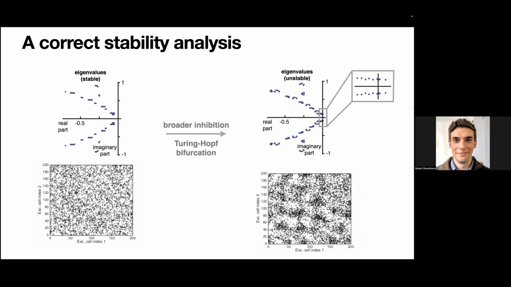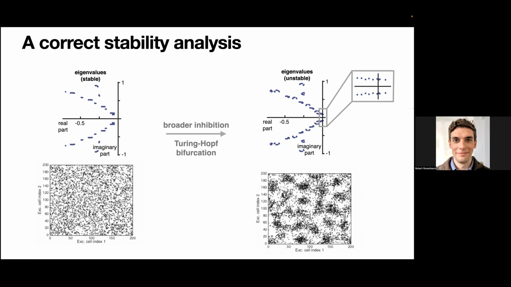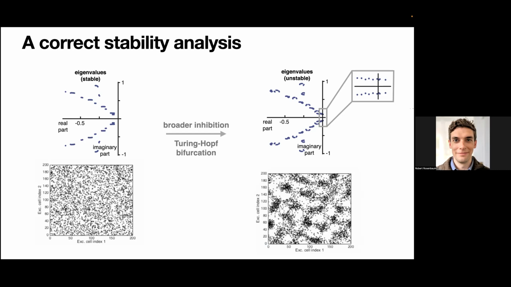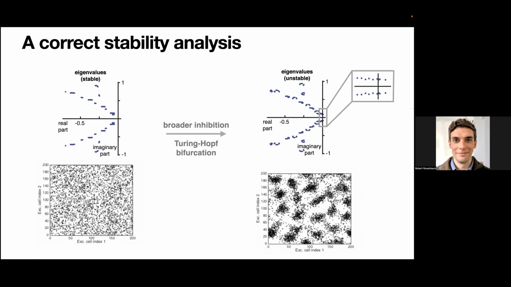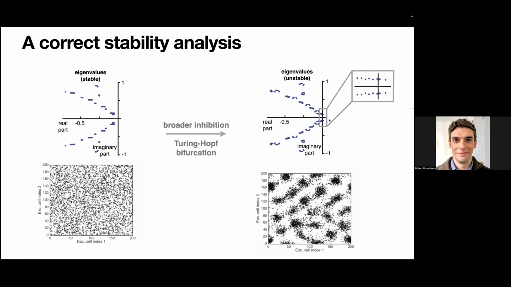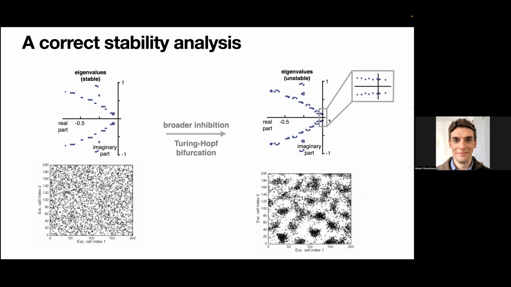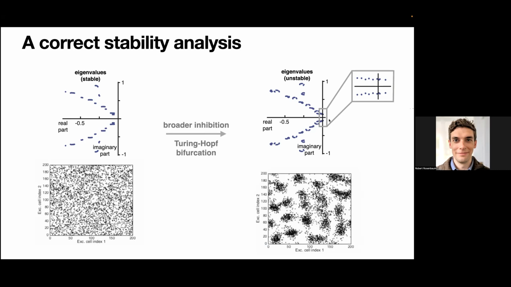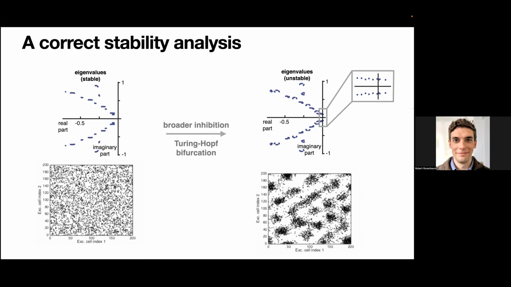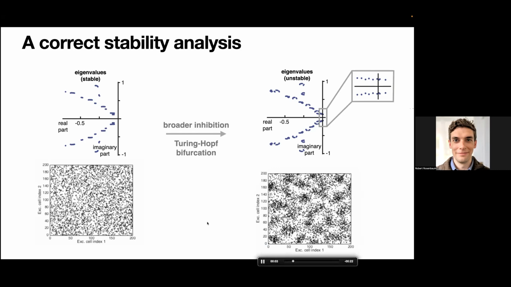It's a mix between a Turing bifurcation, which is what happens when you have eigenvalues in these spatial systems that cross the real axis, and a Hopf bifurcation where you get eigenvalues that go from negative real part to complex conjugate with positive real part. And this gives rise to spatiotemporal patterns like you see in this picture.